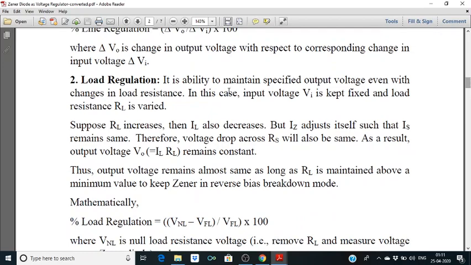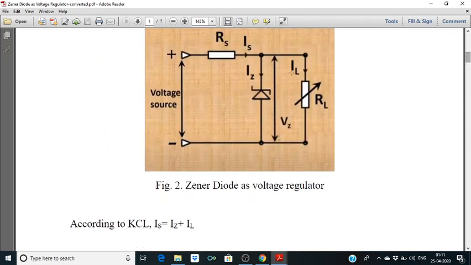Suppose RL is increased, so IL will decrease, but IS is constant, as we have this constant Vi and we have this constant VZ. So IL decreases, IS is constant, so IZ increases.